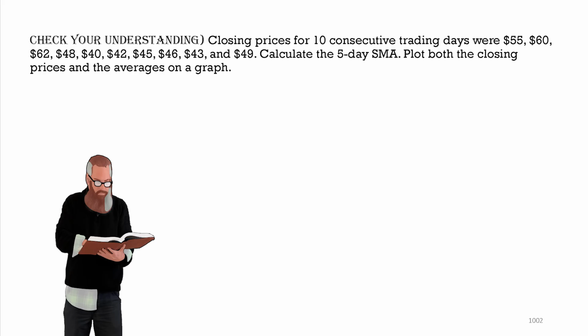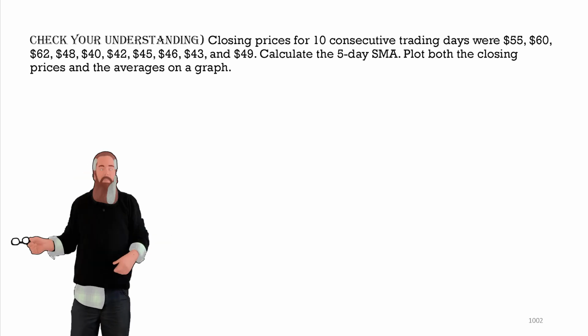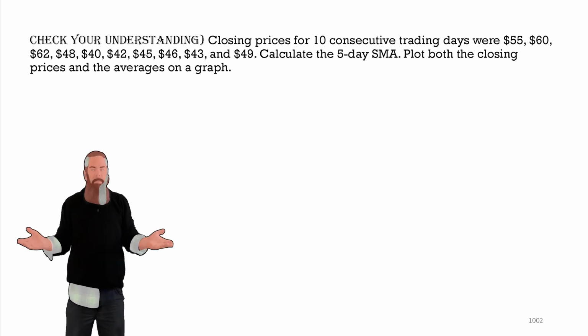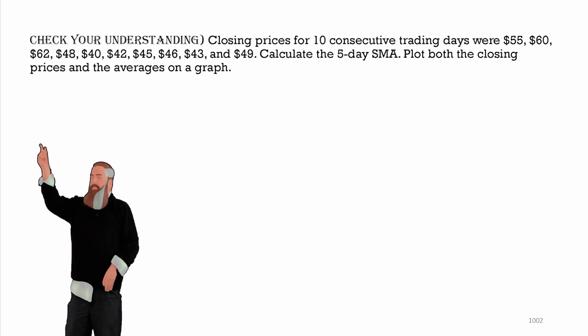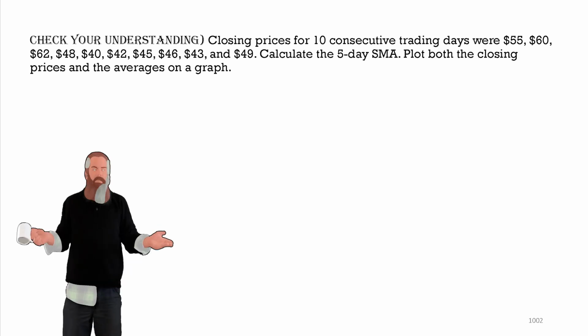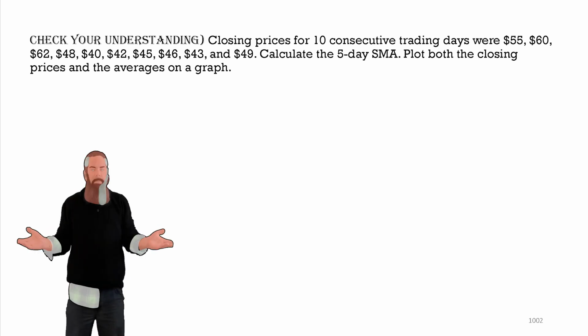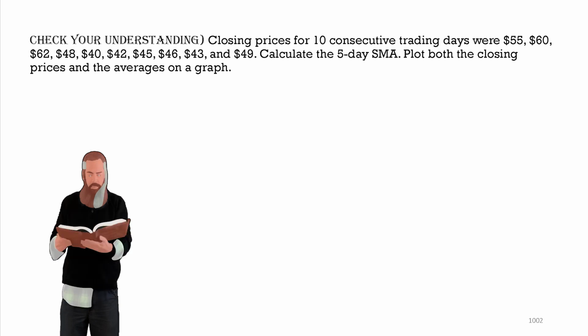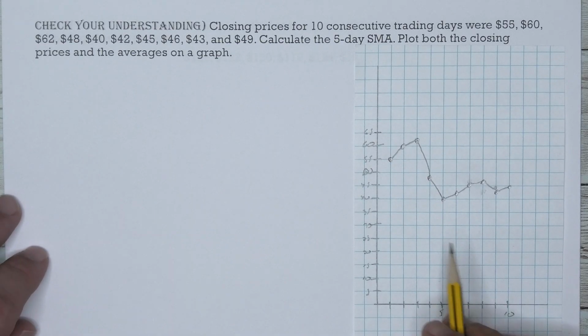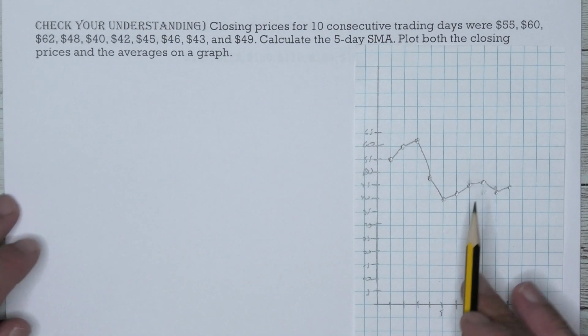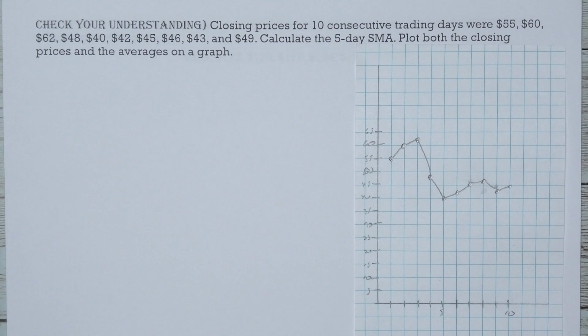Let's check our understanding. Closing prices for 10 consecutive trading days were $55, $60, $62, $48, $40, $42, $45, $46, $43, and $49. Calculate the 5-day SMA, plot the closing prices and the average prices on the graph. The first thing I do is I plot those 10 points on the graph as they are, the actual closing prices.